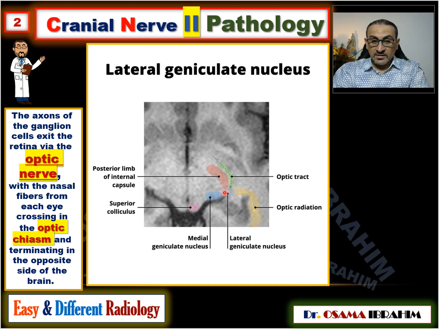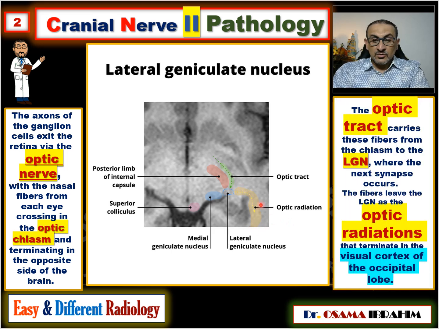After the synapse in the lateral geniculate body, the fibers go through the optic radiations, which transfer the signal to the cortex in the occipital lobe. So this is the pathway of the optic nerve, which sends the signals to the occipital lobe, and all of this optic nerve is sensory.